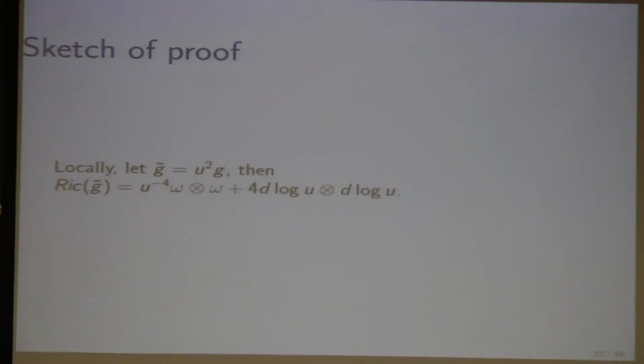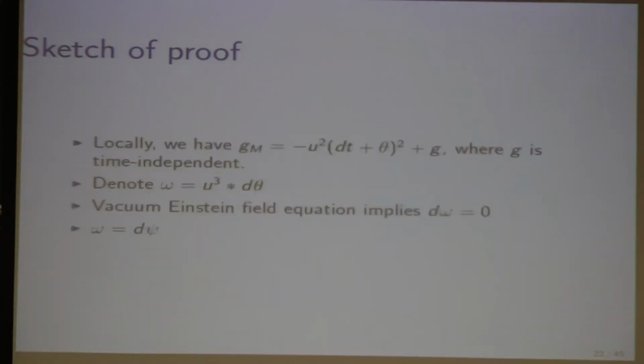So it is important to consider this metric G tilde. It equals U squared times G, a conformal change of the Riemannian metric. G is this three-dimensional Riemannian metric.